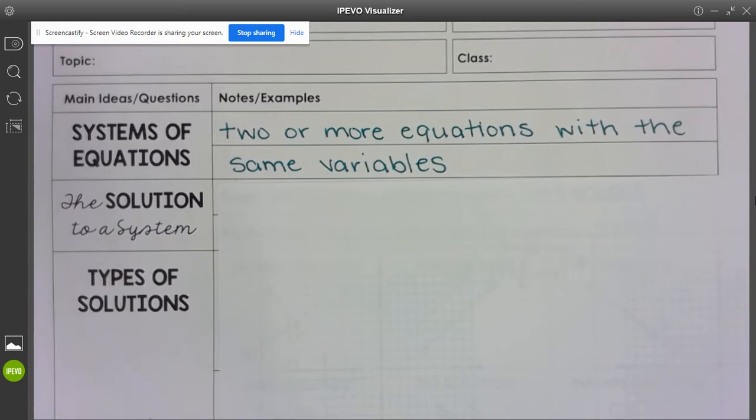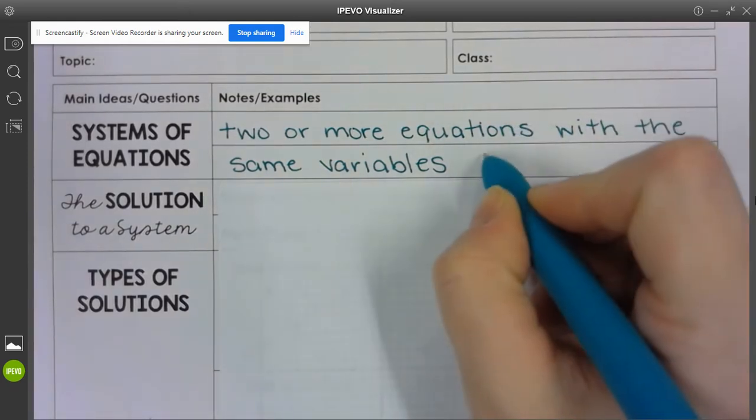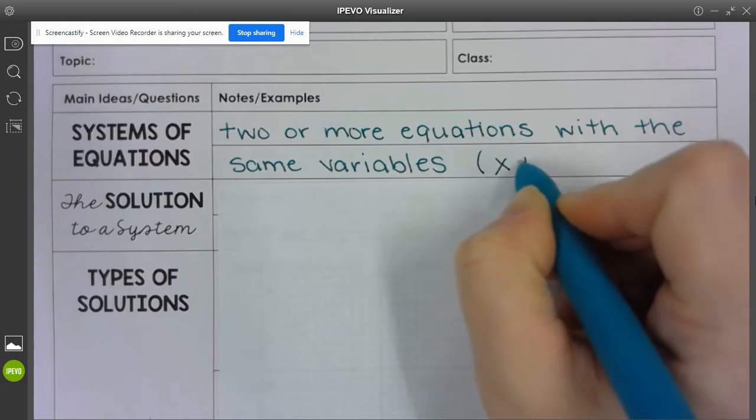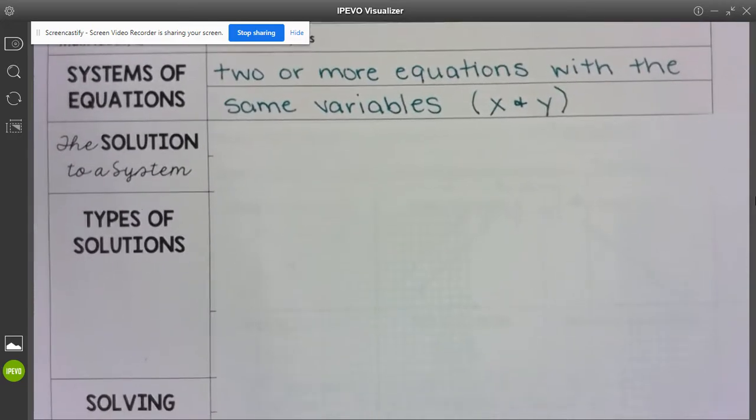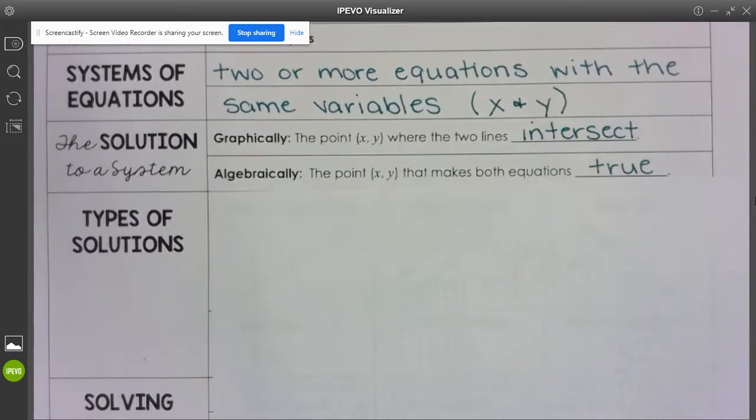In our case, we're going to be dealing with equations that have x and y. And when we talk about the solution to a system, it's the point where these two lines intersect.